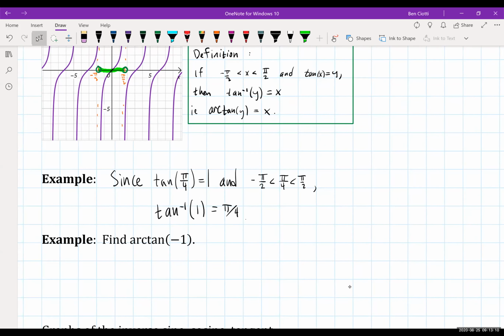So how about you all try to find arctan of negative 1. Private message me, what's arctan of negative 1? Everyone do this one, please.